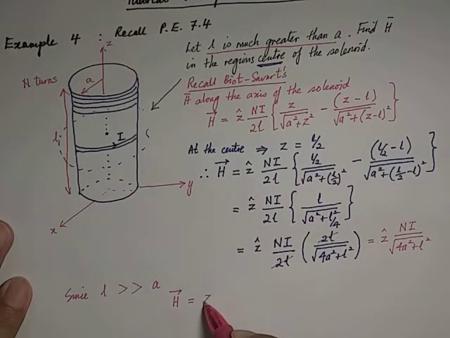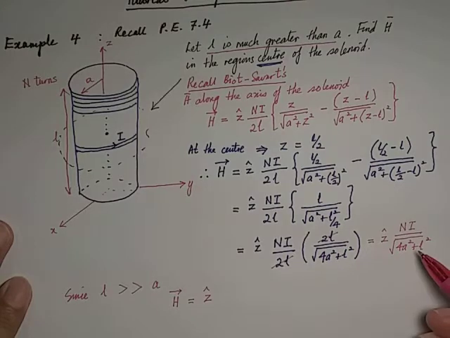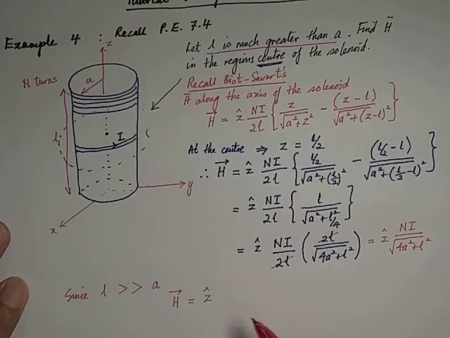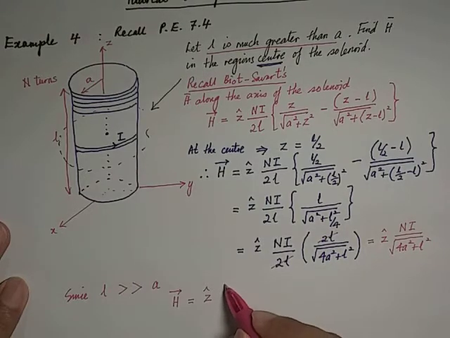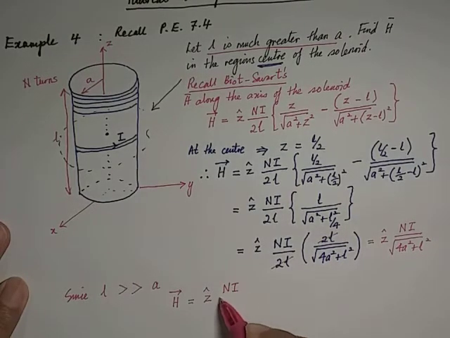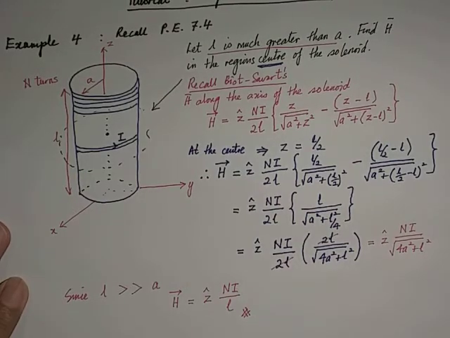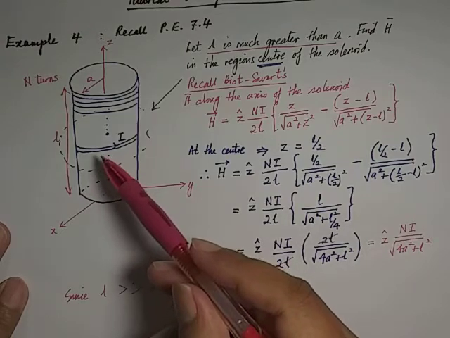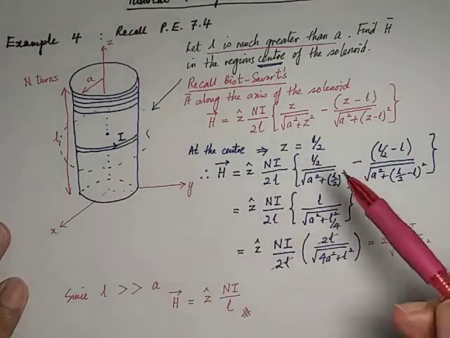Z. So now this term, L is much greater than A, therefore we can ignore this 4A squared, so it becomes only L squared, and then square root, so we're going to have the final solution to be N I over L. Okay, that should be the magnetic field intensity in the center part of the solenoid, using the Biot-Savart law.